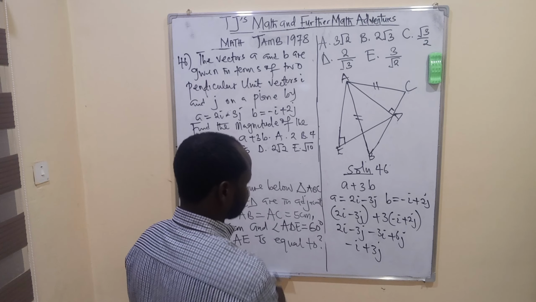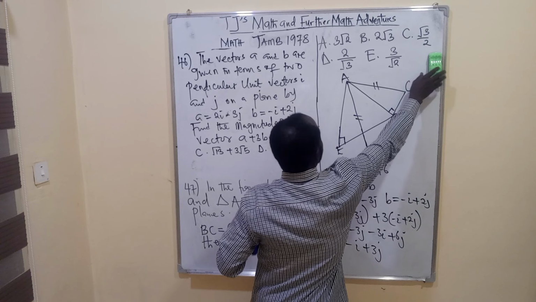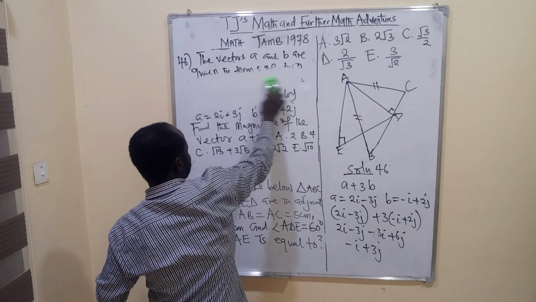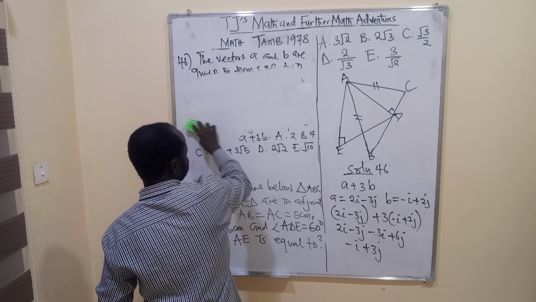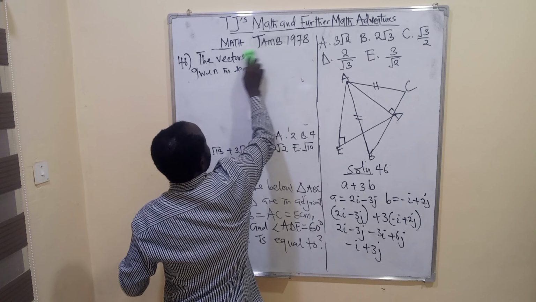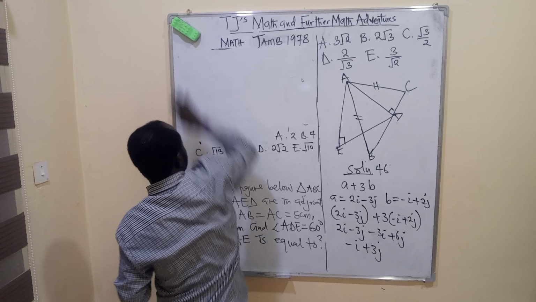The next thing now is to find the magnitude of this vector. Let's remove the question and leave only the options, so that we can solve the remaining aspect of the question.